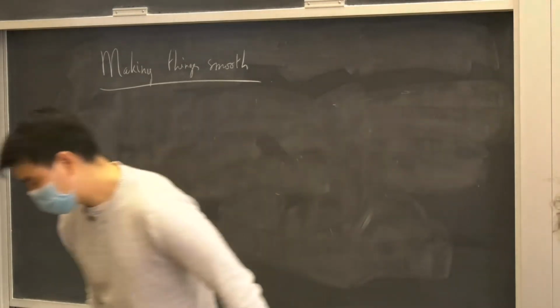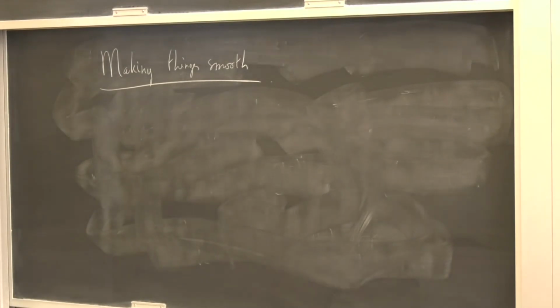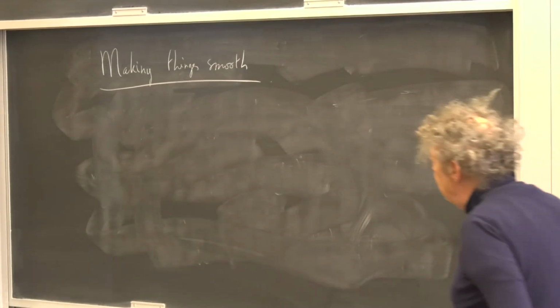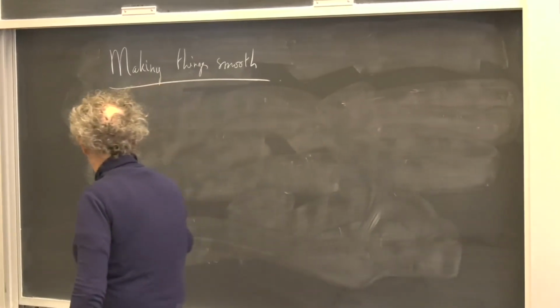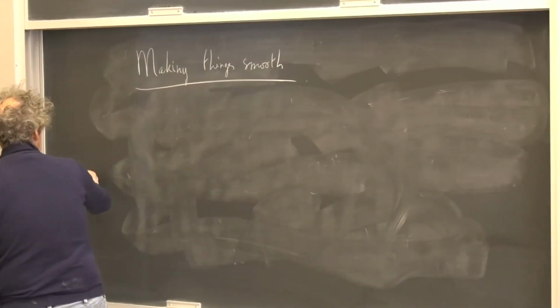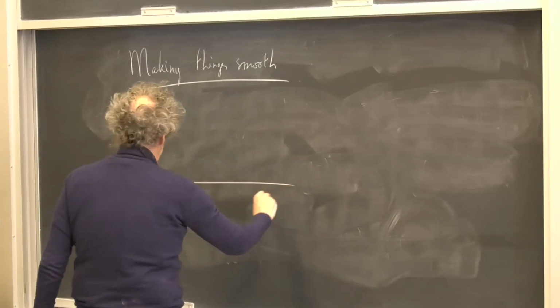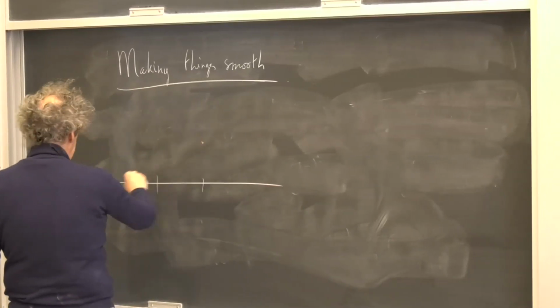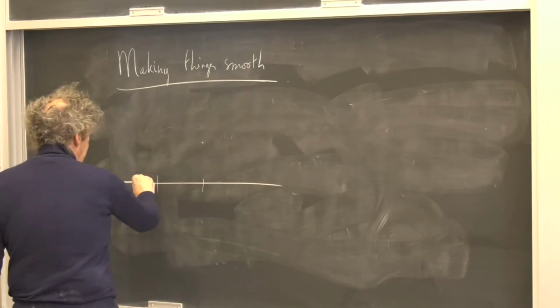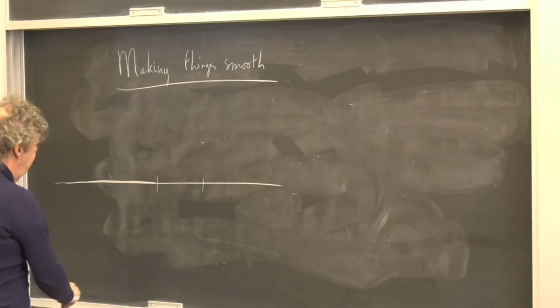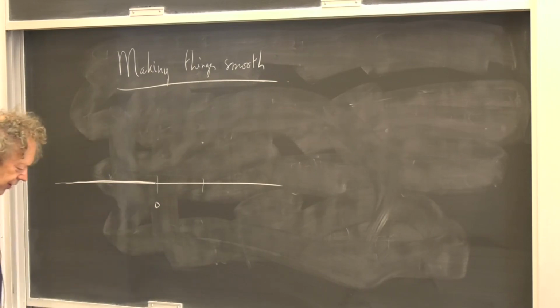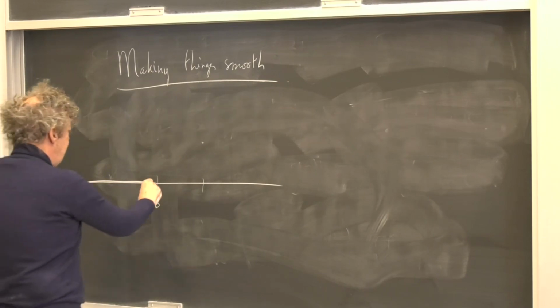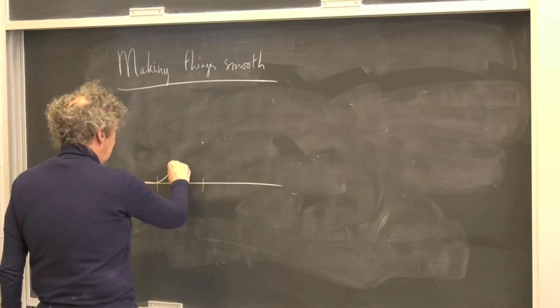Thanks. Okay, so when you want to smooth things out, it's fairly standard to use certain functions, like this function that is 0 for arguments less than 0, and then increasing.